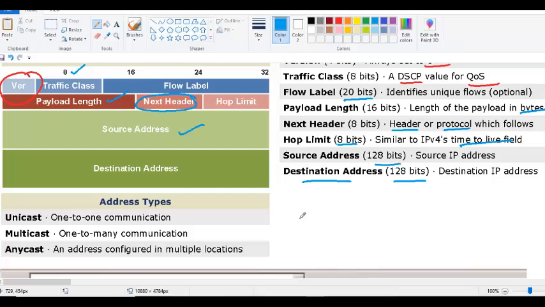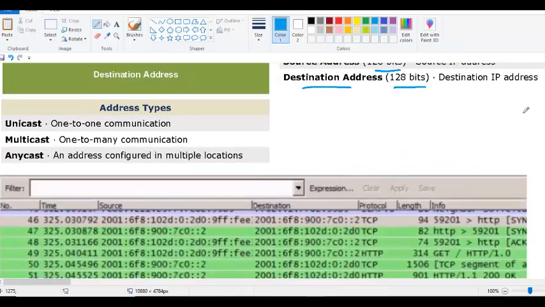Fine. Now, if you talk about the address types, in IPv6 you have unicast. You know what is unicast? Multicast and anycast. Anycast may be new to some of you, but unicast and multicast are a well-known story for you, right?